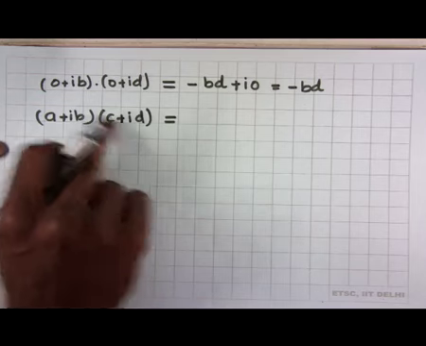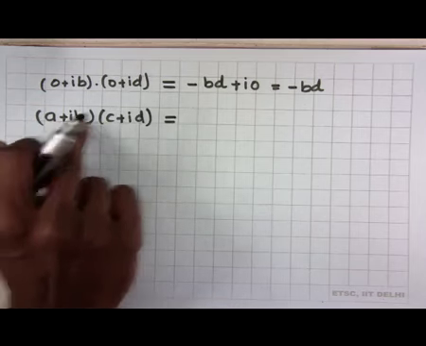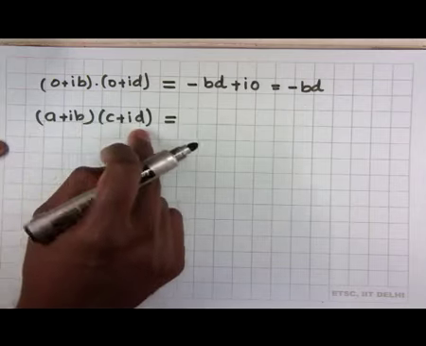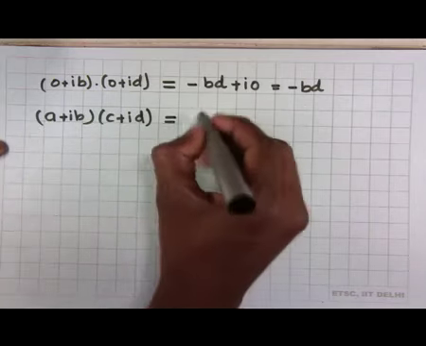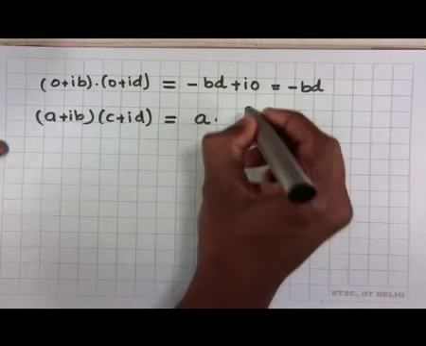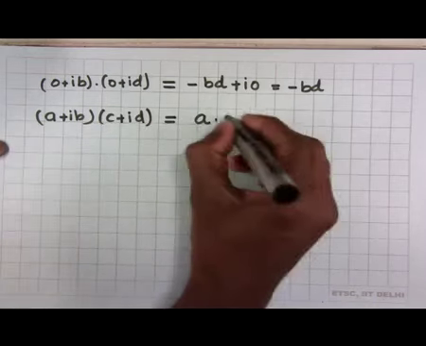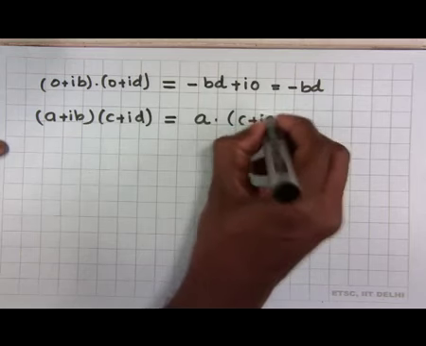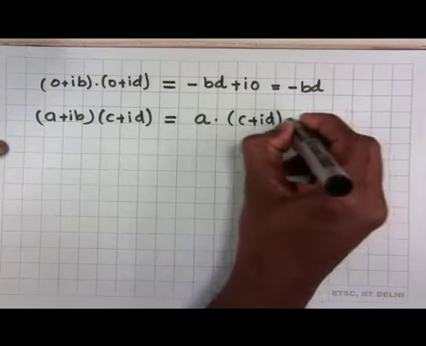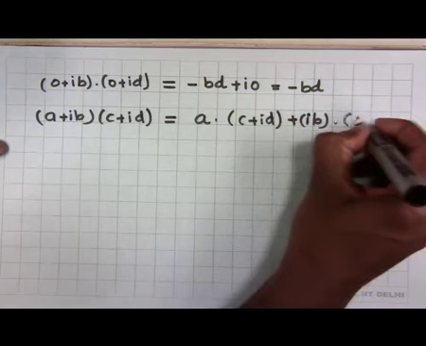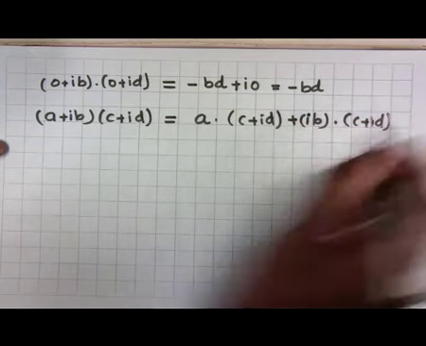So, we can see that this is Z1, this is Z2, this is Z3, Z4. Now, for this particular product you are going to use the distributive law, that is Z1 multiplied with c plus i d, plus i b multiplied with c plus i d.